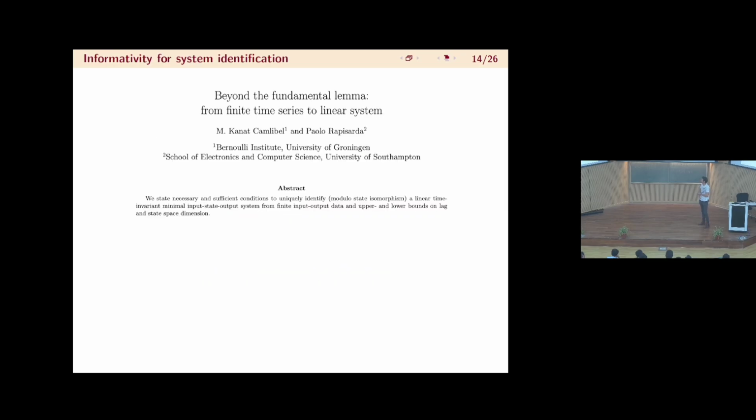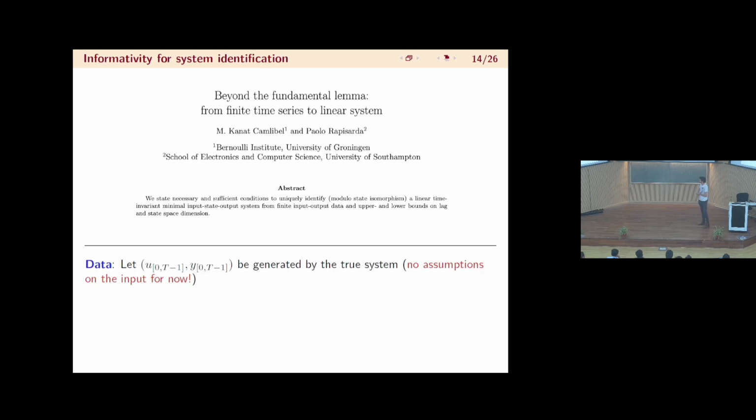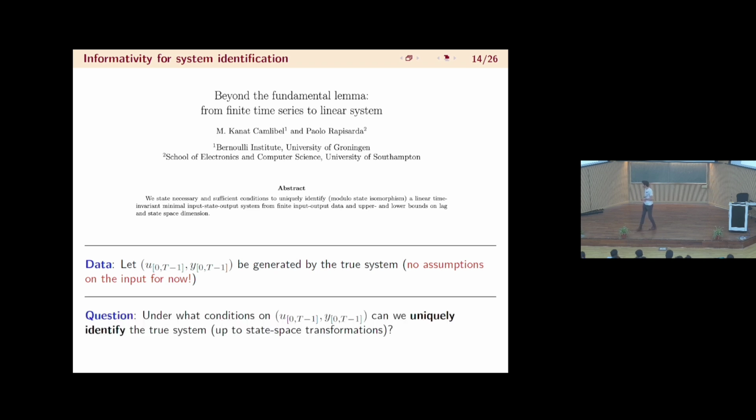This is from the paper by Kanat and Paolo. For the moment, I will study the case that my input-output data are arbitrary, so I do not make any assumptions on the input. And indeed, the question is, under which conditions on these input-output data can I uniquely identify the true system?